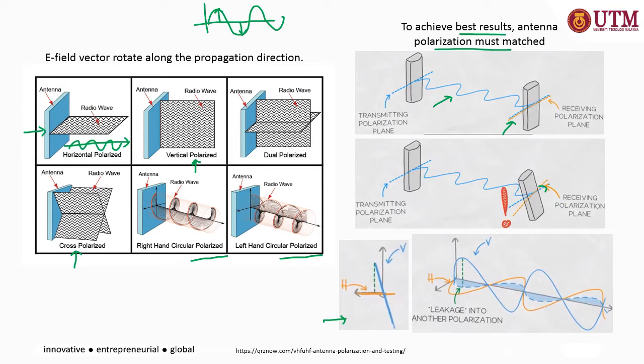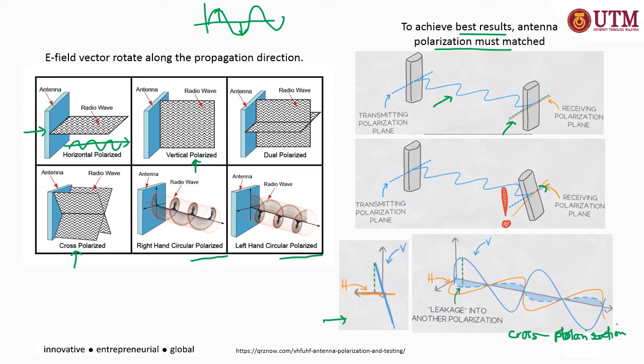Therefore, for a dual polarized antenna, there is a parameter called cross polarization, okay, which determines the level of separation between the vertical and horizontal polarization during the transmission.